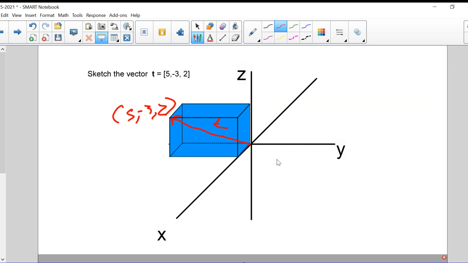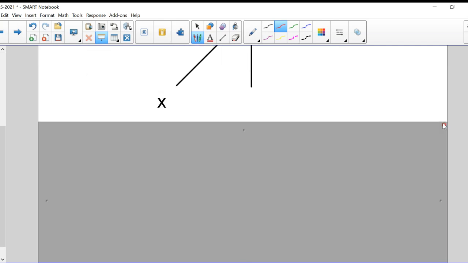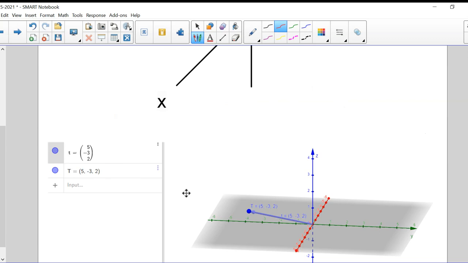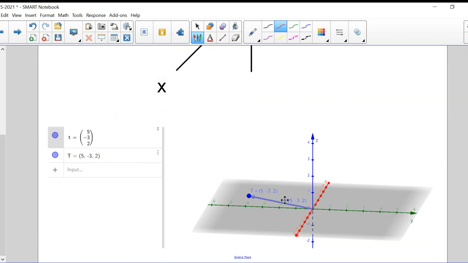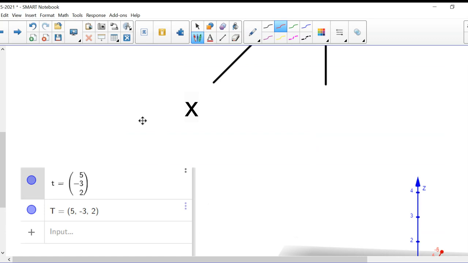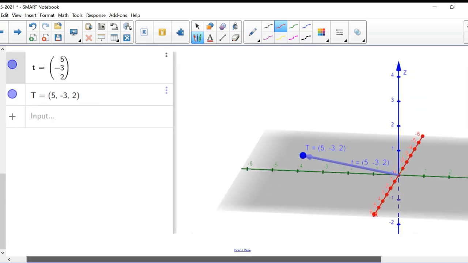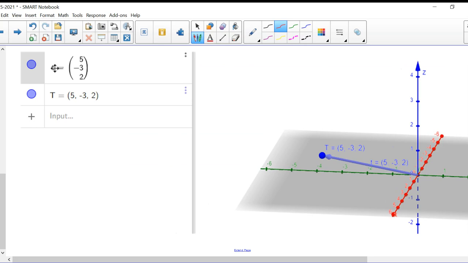All right, so again, I'm going to show you what this looks like on GeoGebra, and let's see if we can unveil that. I'm going to make this bigger again. It's in the same kind of position that I just showed you a few minutes ago. Okay, so again, notice that the lowercase letter represents the vector, and then they put it in a column.